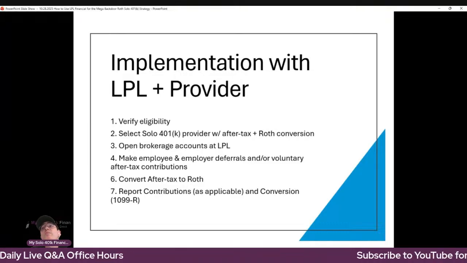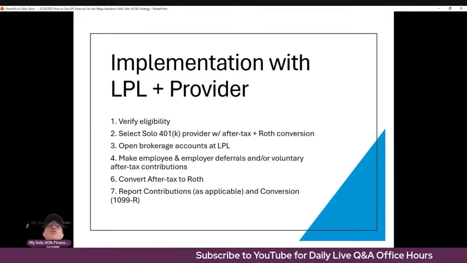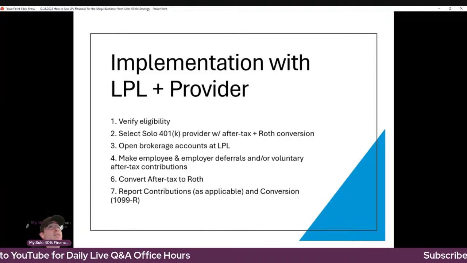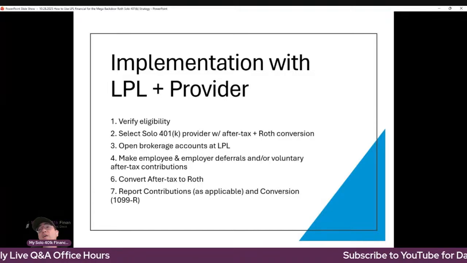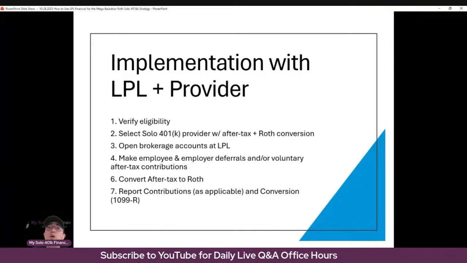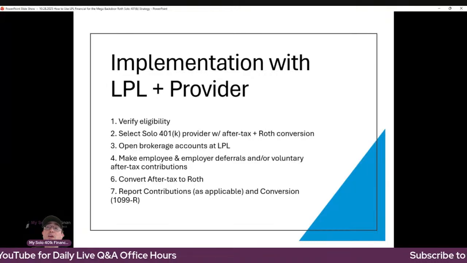Then, of course, you need to make your contributions. And with our plan, you can choose to make a mixture of pre-tax contributions to, say, reduce your taxable income now for the year for which you make the contribution, as well as Roth and Mega Backdoor Roth contributions. And then others will say, well, I'd rather just focus on making Mega Backdoor Roth Solo 401k contributions.